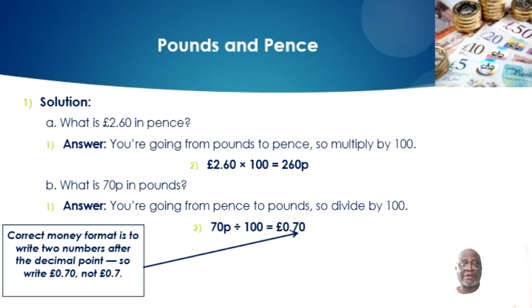To convert 70p to pounds, you simply divide by 100, and that will give you 0 pounds and 70p. The correct money format is to write 2 numbers after the decimal point. When you're dealing with pounds, there are always 2 decimal places.